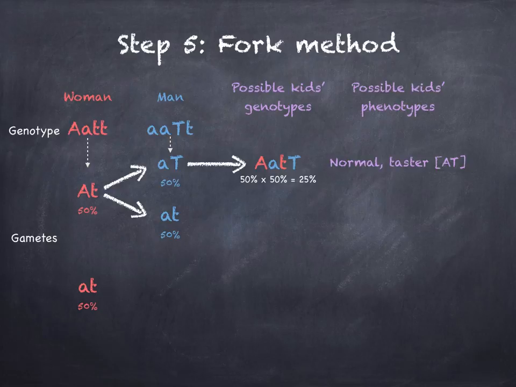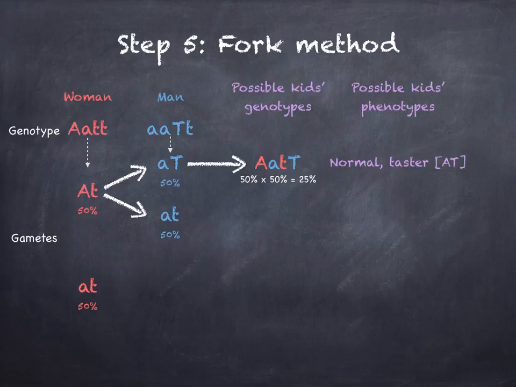It gives a phenotype of a normal taster kid. So on average, 25% of the offspring of this couple will be normal tasters.